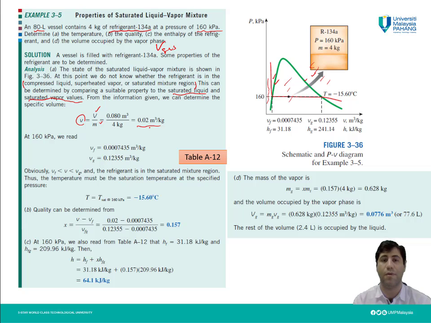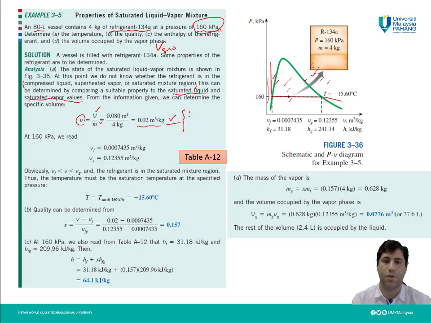So we know how much the specific volume is, so we define the property. As I told you, if we have one property we can compare that with the saturated values. This V is for this substance at this pressure.